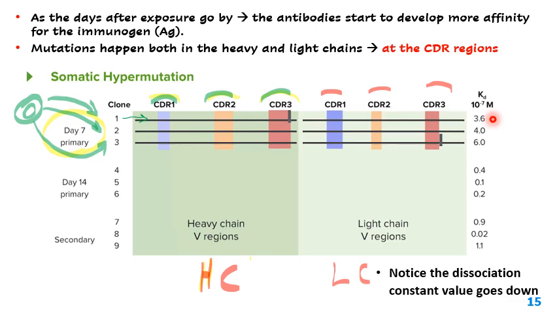It's tighter binding. If you have low dissociation, it doesn't want to come out. If you have a high dissociation, it dissociates easily. So you look at those numbers for dissociation constant, and you say, which one here binds tightly of these 3 clones of day 7?